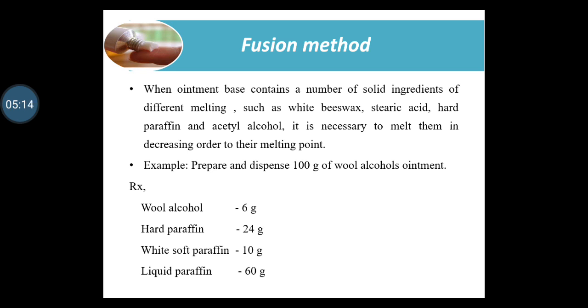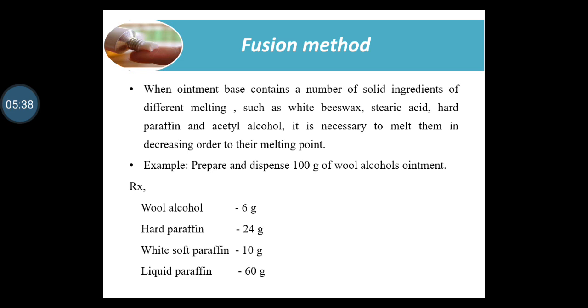The medicament is incorporated slowly to the melted mass, stirred thoroughly until the mass cools down and a homogeneous product is formed. In case any liquid ingredient or aqueous substance is also to be incorporated, that should be heated to almost the same temperature as that of the melted bases.